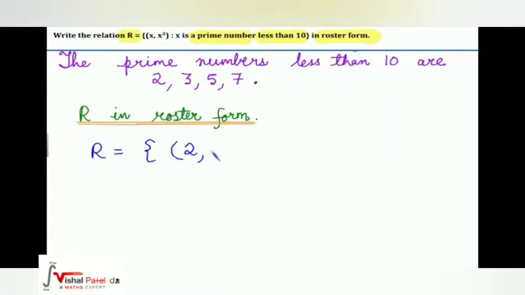So the first pair is (2, 8). Second is 3 and 3 cube is 27. Third is 5 and 5 cube is 125.